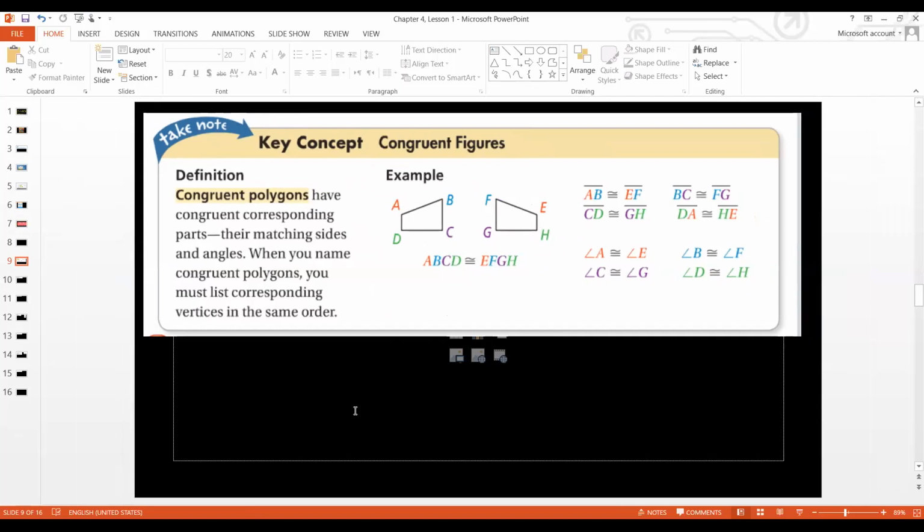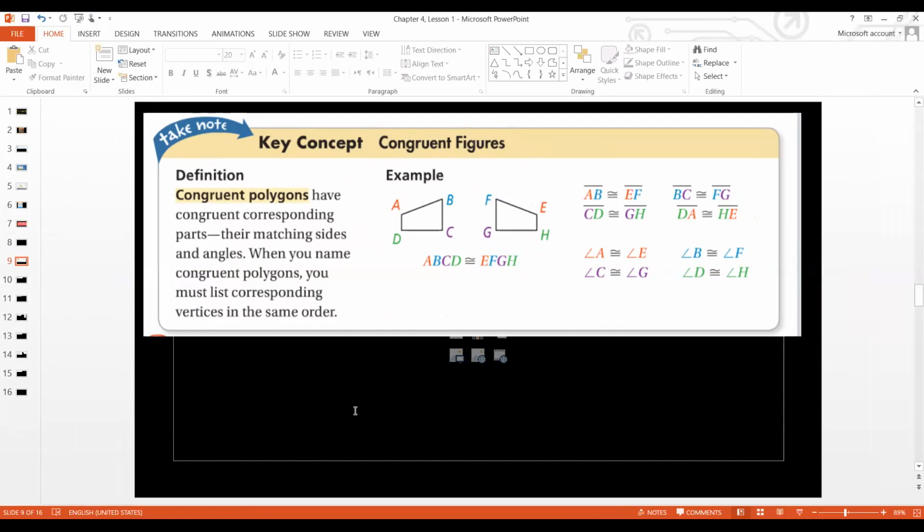So the corresponding parts must be corresponding, and yesterday I told you the meaning of corresponding. If all of the corresponding parts, all the sides and all the angles, are congruent, I can say that the polygon is congruent.